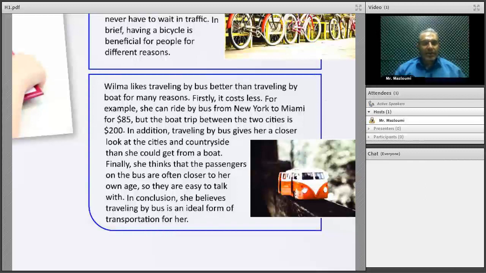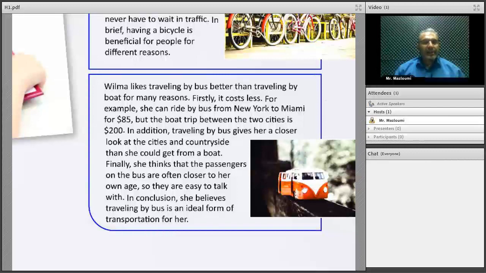Finally, she thinks that the passengers on the bus are often closer to her own age, so, therefore, they are easy to talk with. They are approachable. The passengers are easy to talk with. Our next supporting idea.